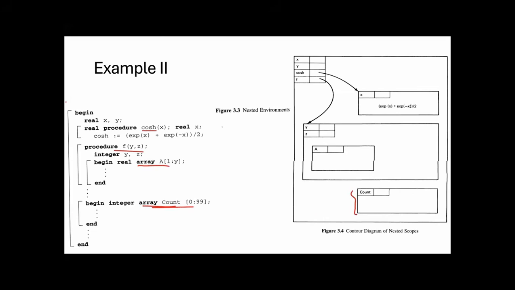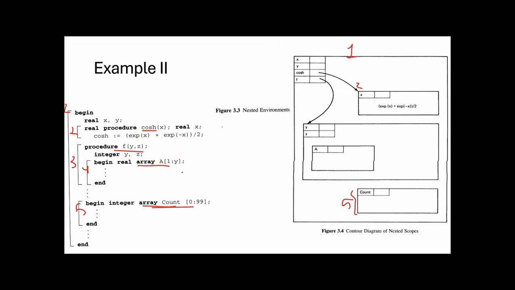So if we call the blocks again, let's give them numbers 1, 2, 3, 4, and 5. So this is basically number 5 being defined. The outermost one is basically number 1. And then number 2 is our procedure cosh right here.